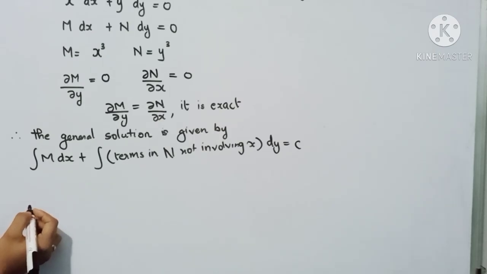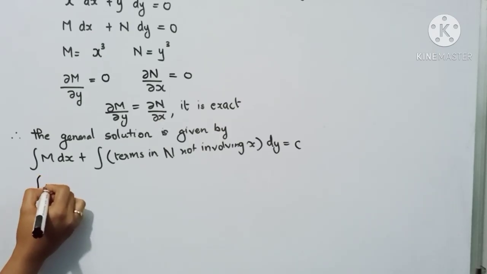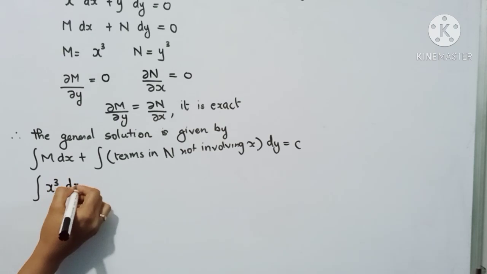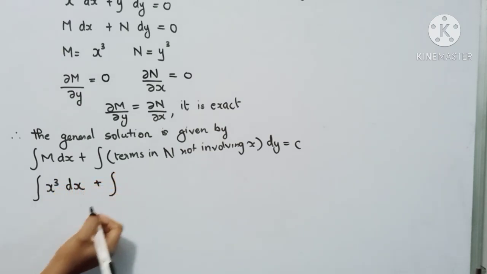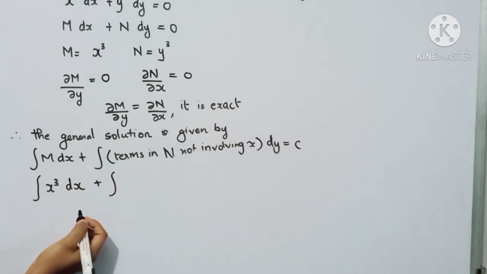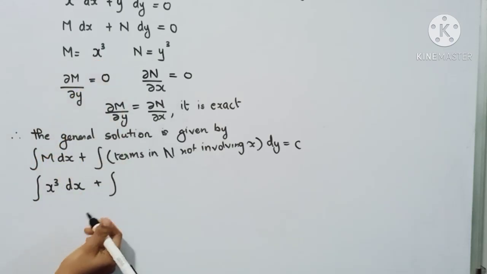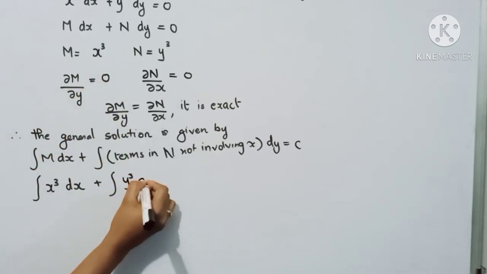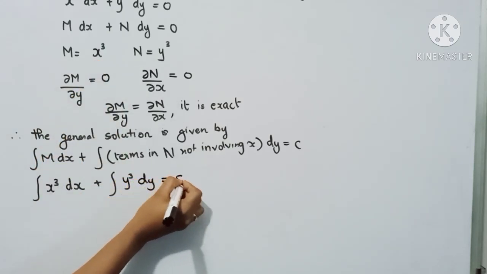So integral M is x³ dx, and in N there is no x, so it is y³ dy, equal to c.